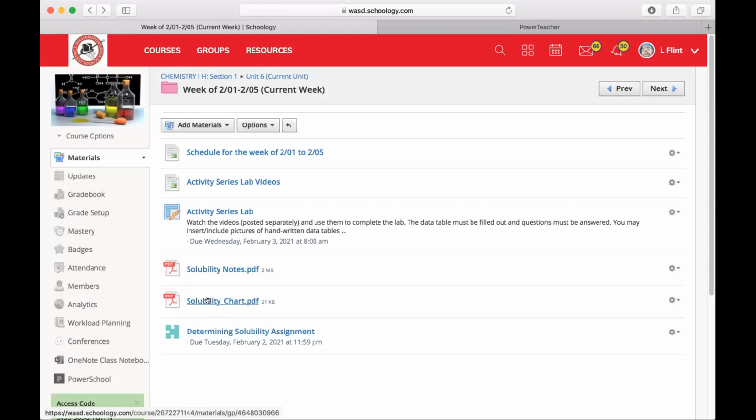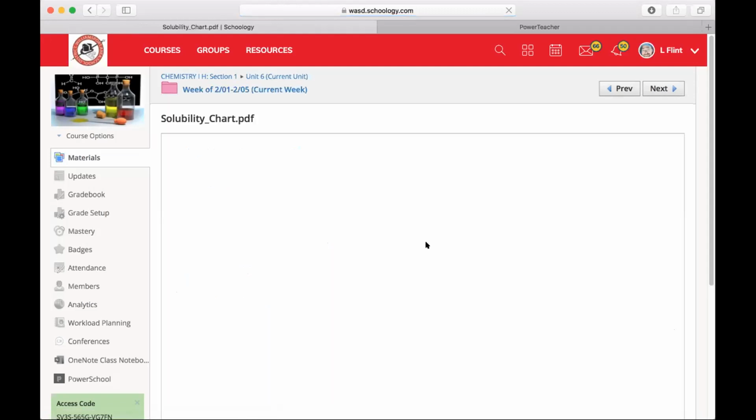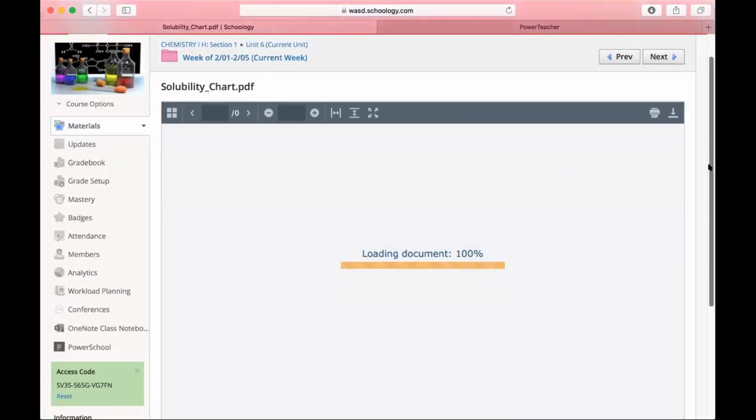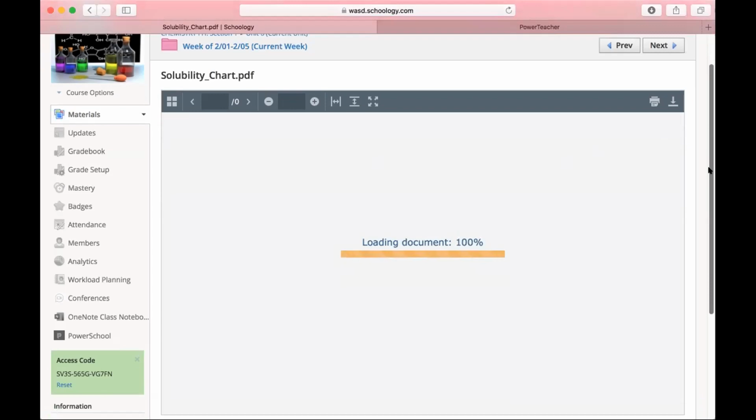I mentioned this, it's on the back of the ion chart if you have that paper, or right here in the folder for this week in Unit 6, week of 2.1 to 2.5. The solubility chart has some other notes at the top that are generalizations, but usually you're just looking at the meat, the guts of the chart itself.